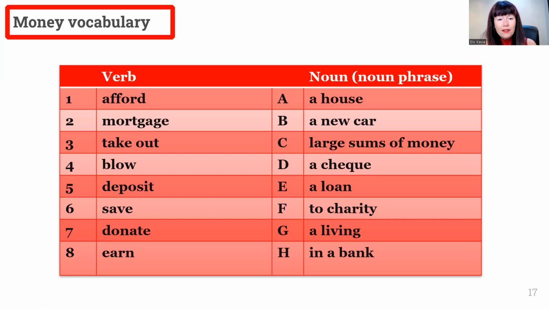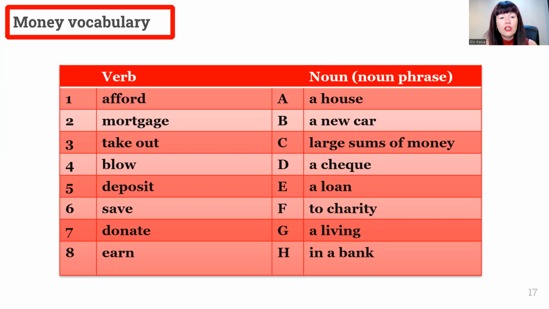So afford, mortgage, take out, blow, deposit, save, donate, earn. Okay, and then we have a house, a new car, large sums of money, a check, a loan, to charity, a living, and then in a bank.